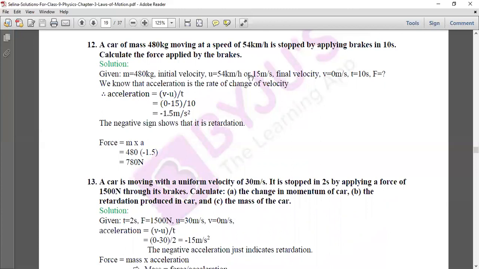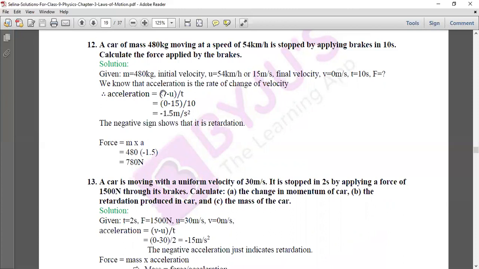How do we convert kilometer per hour into meter per second? We just multiply it by 5 by 18. So we get 15 meter per second. The final velocity v is equal to 0, time is 10 second, and we need to find the force.